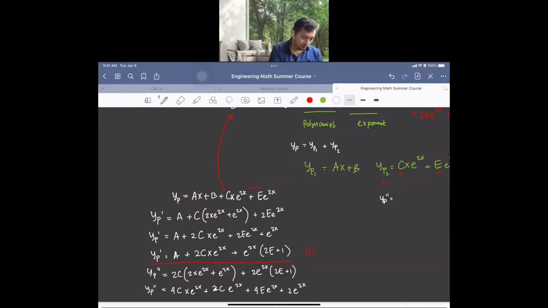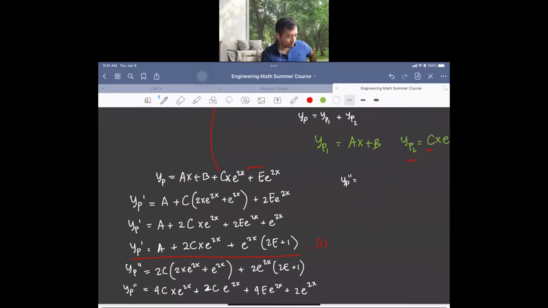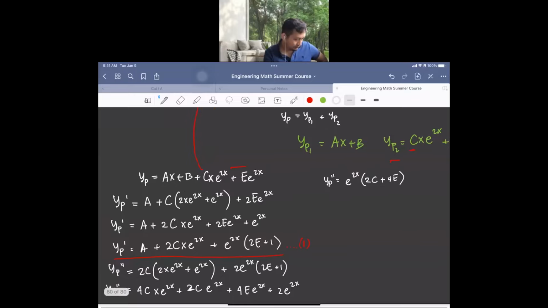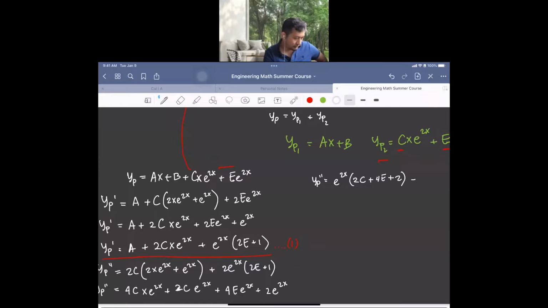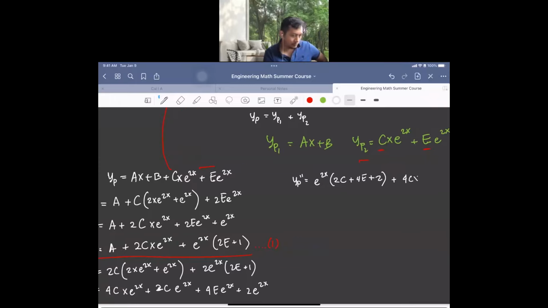It is 2c plus 4e plus 2, plus 4cx e to the 2x.